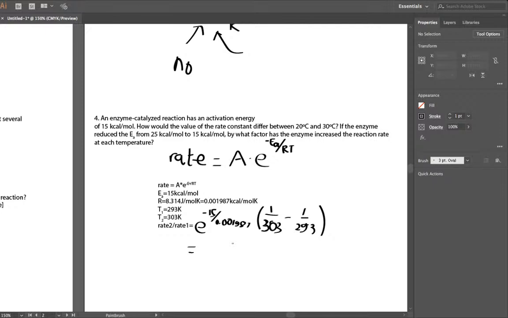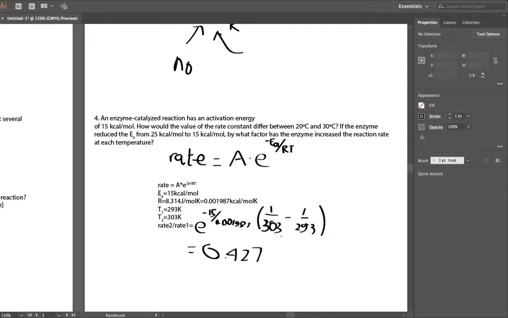Oh wait, no, sorry, I forgot that should be negative. Divide that by 1 over 303 minus 1 over 293. So the ratio is 0.427.